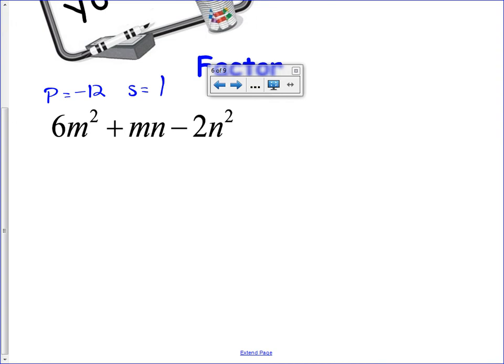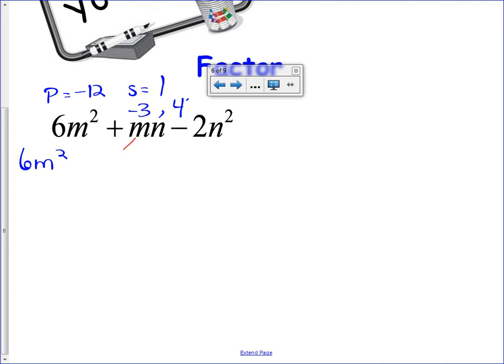Ben, two numbers that multiply to negative 12 and add to 1. What are they? It doesn't equal 1. Okay, one of them has to be negative. Yes, because when I do negative 3 plus 4, how many of you were at least able to get that combination? Okay, good.